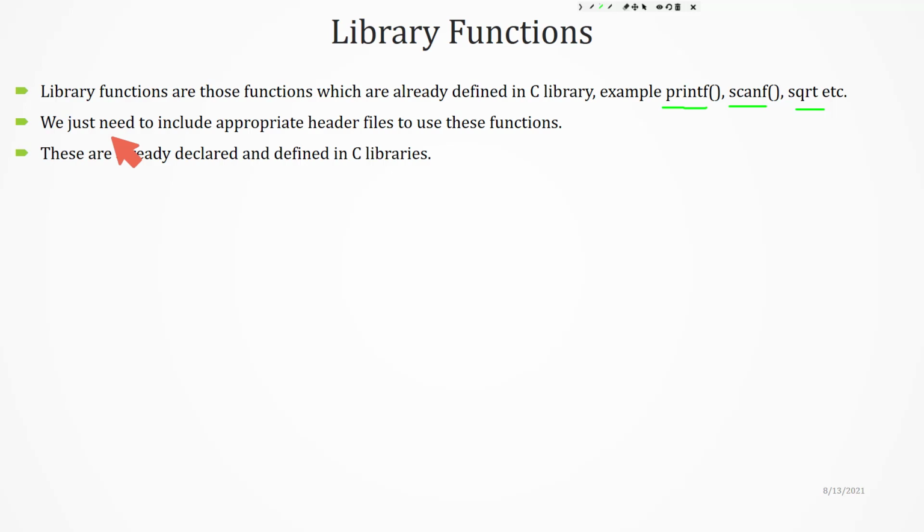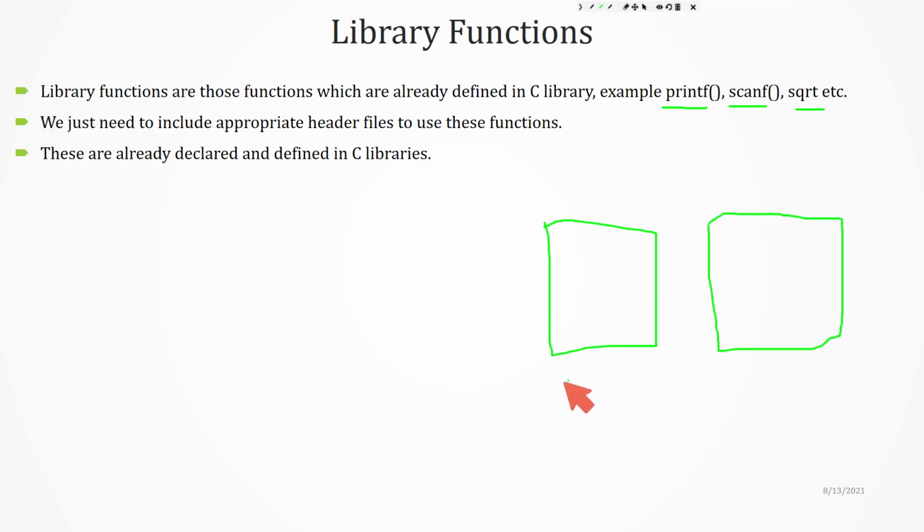Next point, we just need to include the appropriate header file to use these functions. So I already told you these functions are already in the C library. In the C library, we have some header files. For example, one header file is stdio.